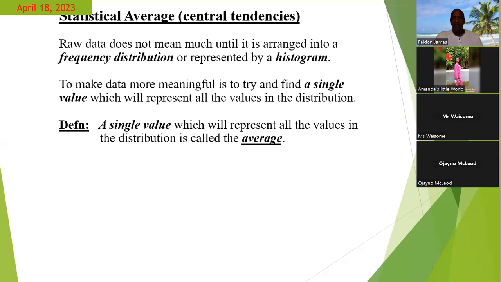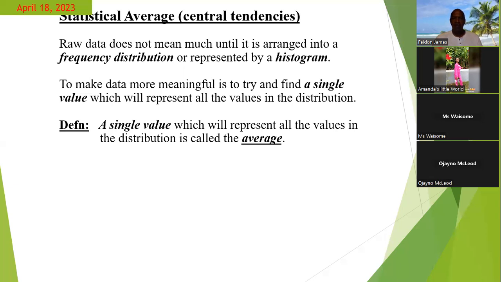Now that single value usually falls somewhere in the middle of all the values, right? And that middle value is what we really generally refer to as average. Now, when you think of a test score, if we give you a passing mark or a failing mark, it is usually measured based on the average.